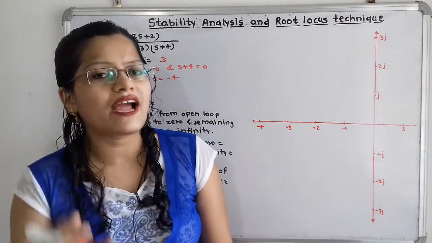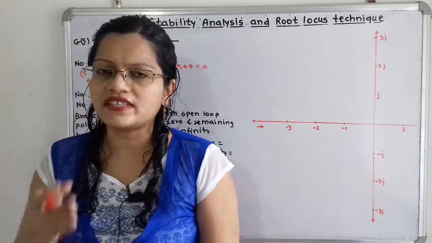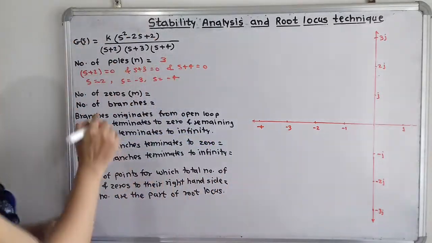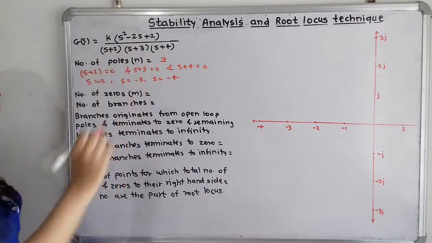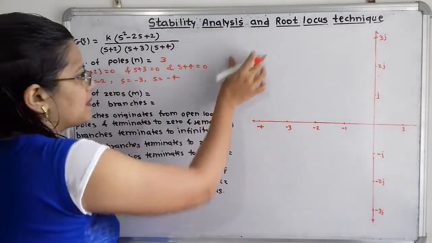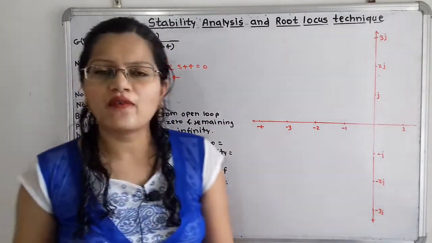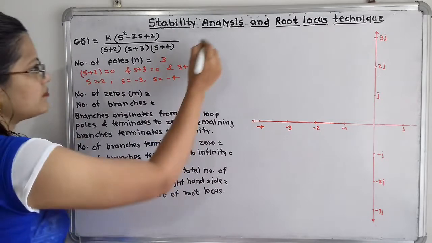In the same way we will find the number of zeros. For that we have to take the term from the numerator in the form of s and equate it to 0. So s square minus 2s plus 2 is equal to 0. I will write it separately because this is a second order equation and we have to find the roots.